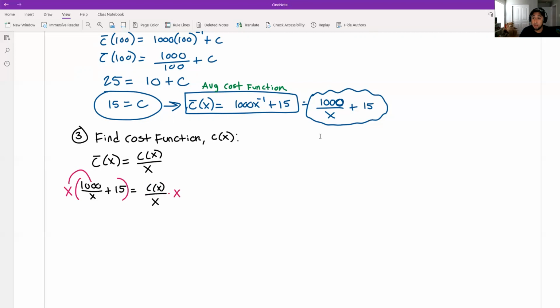Well, x times 1,000 over x just becomes 1,000, plus x times 15 is 15x. And over here, these x's cancel, and all we're left with is C of x. There it is. Now this is our cost function.